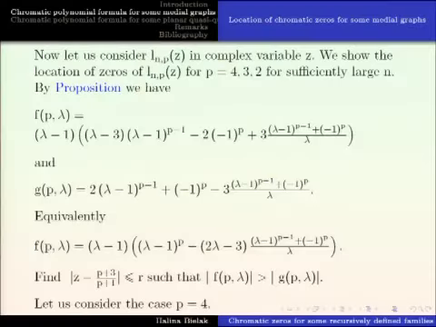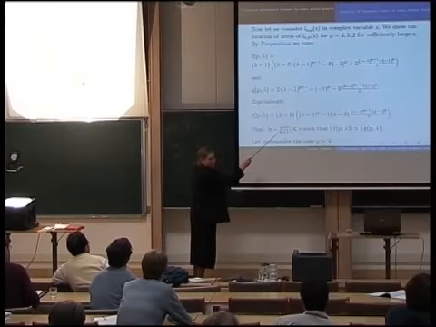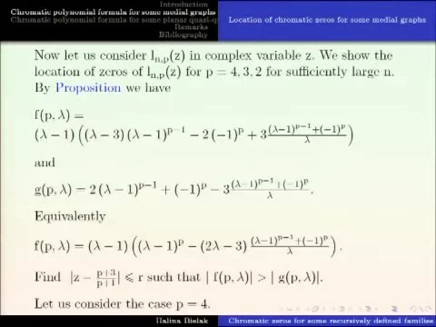We can express in general the function f p in the following way, or equivalently in this way. We also can express the function g p in p and lambda as follows, and we consider some disk. Here is the average degree over 2, and we are interested in the following inequality.